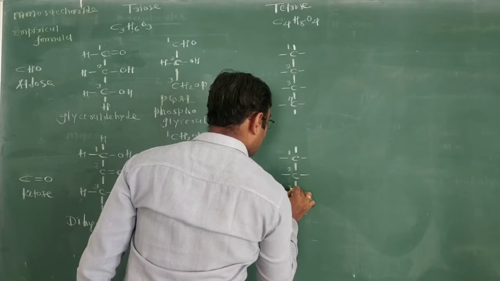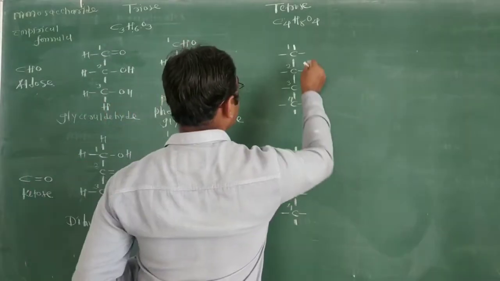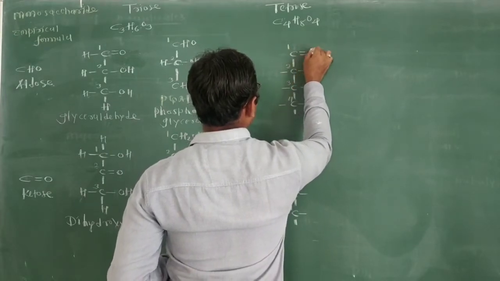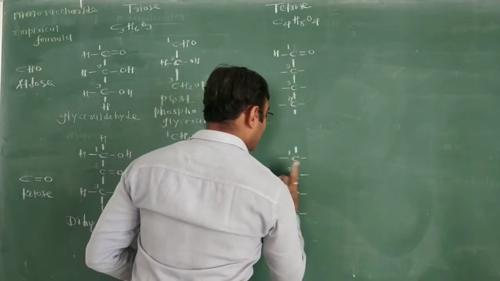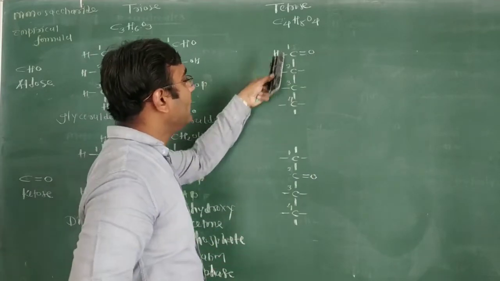Now, in aldose sugar the aldehyde group is always present at the first carbon, and in ketose the ketone group is always present at the second carbon. One oxygen arranged and one hydrogen arranged.